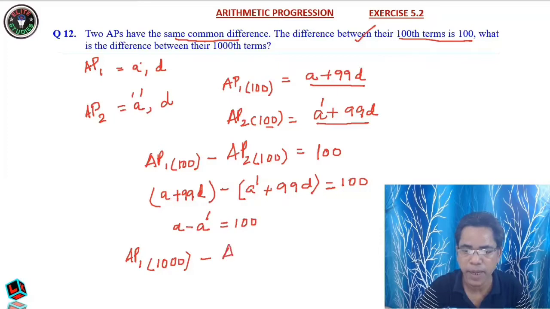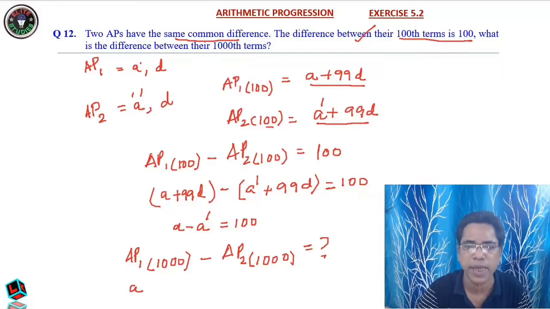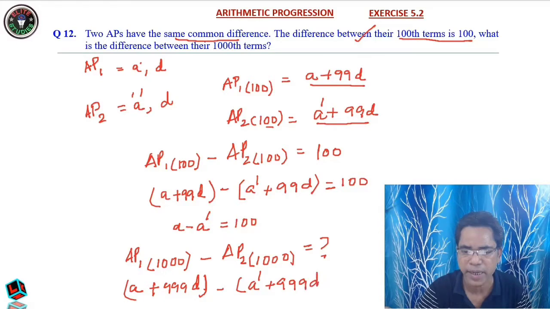This will be A plus 999D minus (A dash plus 999D) is equal to what we have to find.